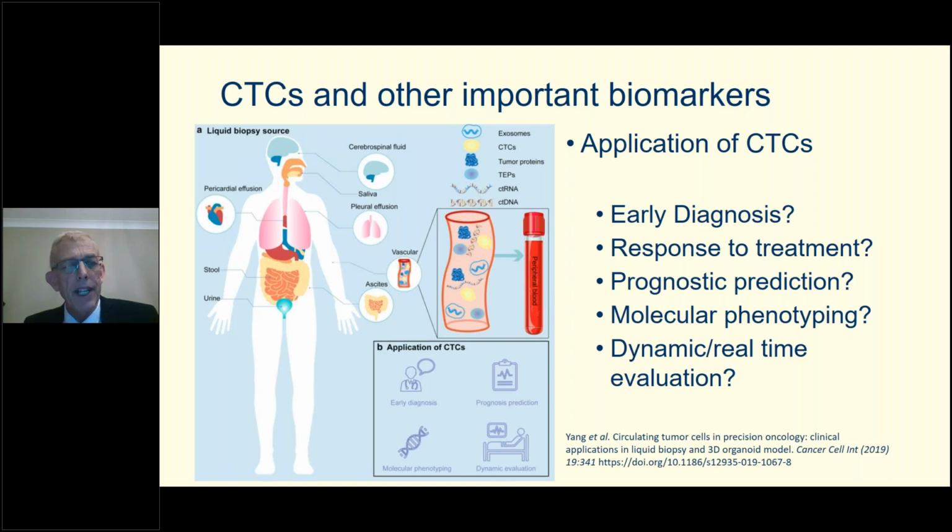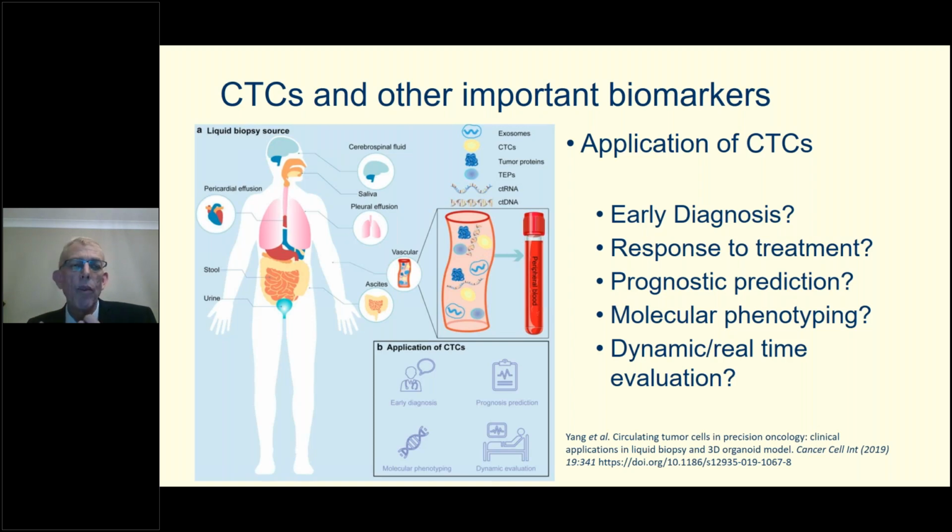But we might want to consider also that CTCs are a part of a portfolio of other important biomarkers that are important within cancer diagnosis, response to treatment, early diagnosis, prediction, and molecular phenotypes. And it's worth also just bearing in mind, we might return to this at the end of our webinar, that they're a part of a portfolio of useful biological material, including exosomes, tumor markers, tumor proteins, tumor-educated platelets, circulating tumor RNA, and circulating tumor DNA.